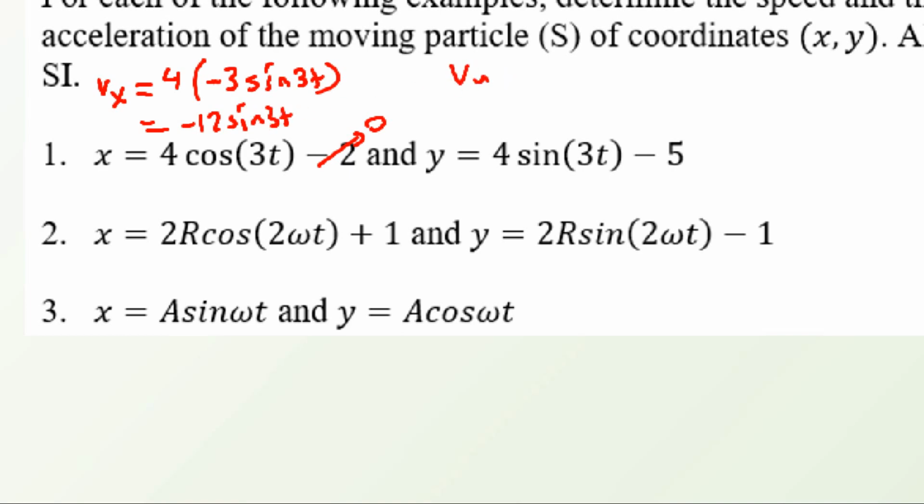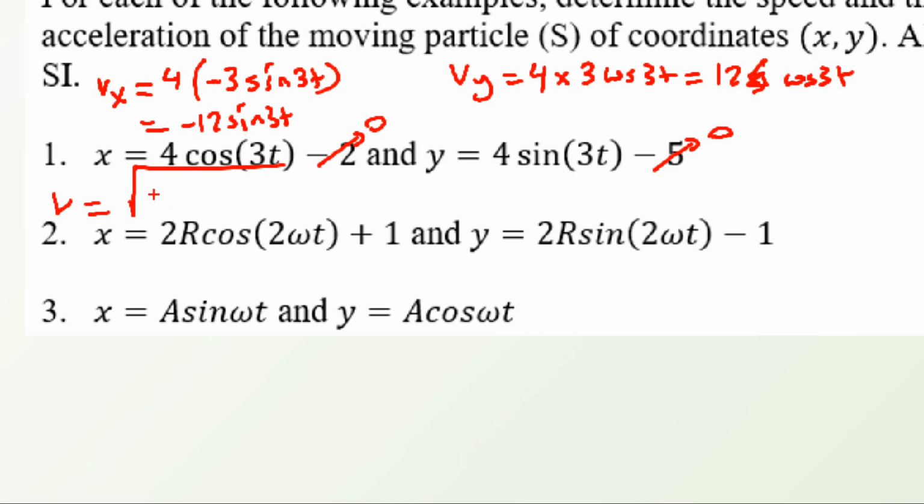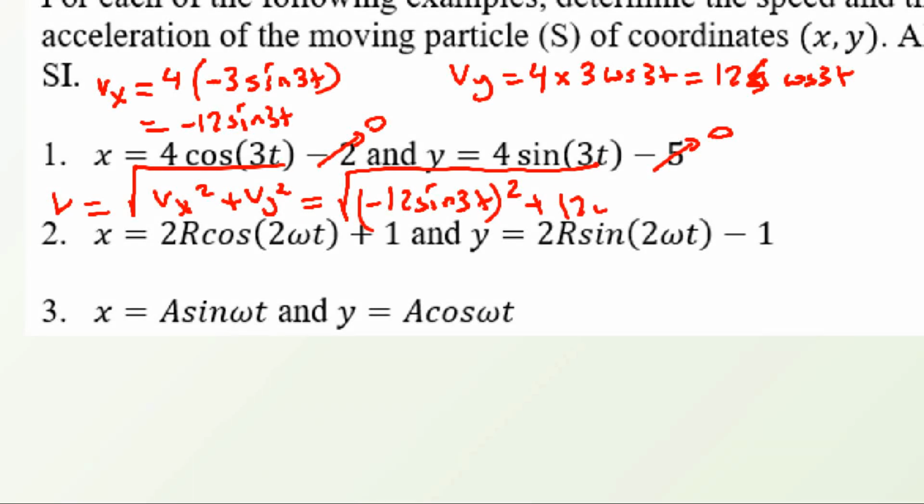And as for Vy, that would be 0, and we can drag 4 out. This is a function, then its derivative is going to be multiplied by 3 cosine 3t, and that would be 12 cosine 3t. Now if we're interested in the speed, it would be given by the radical of Vx squared plus Vy squared, which is the radical of negative 12 sine 3t to the power of 2 plus 12 cosine 3t to the power of 2.